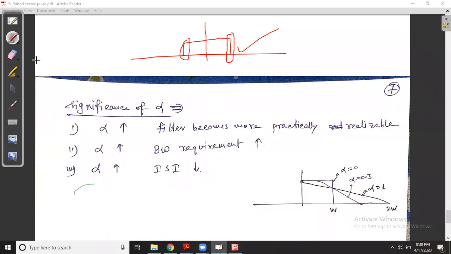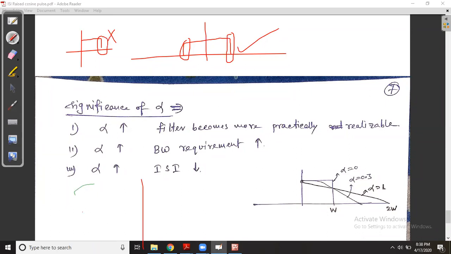Understand what I'm telling: you are passing a pulse through a filter. That particular filter must have a frequency response of this kind, with sharp cutting nature. That is not possible to realize practically.